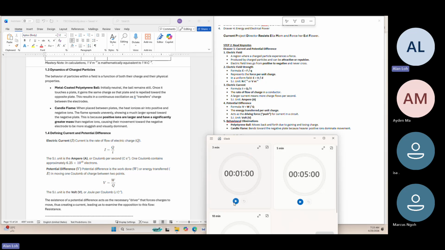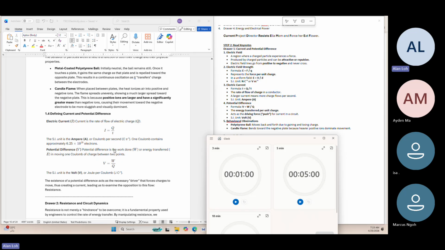Okay, time's up. That is for drawer number 1.